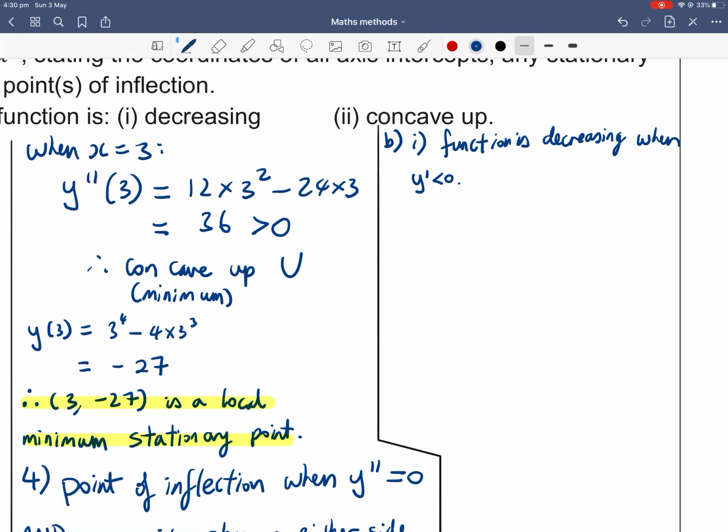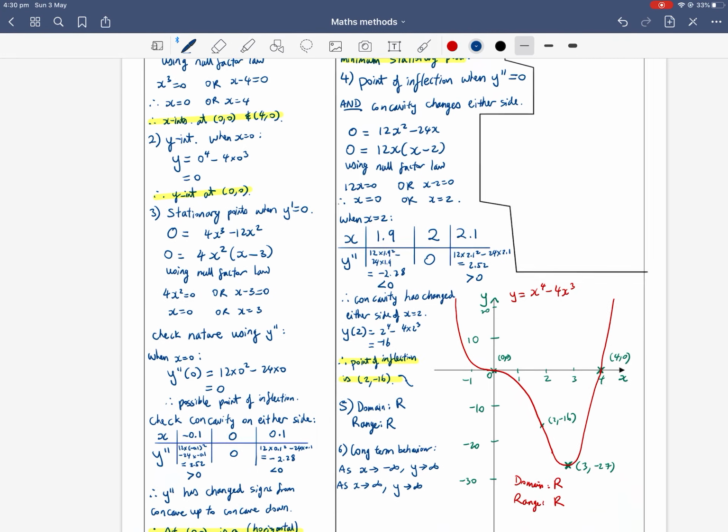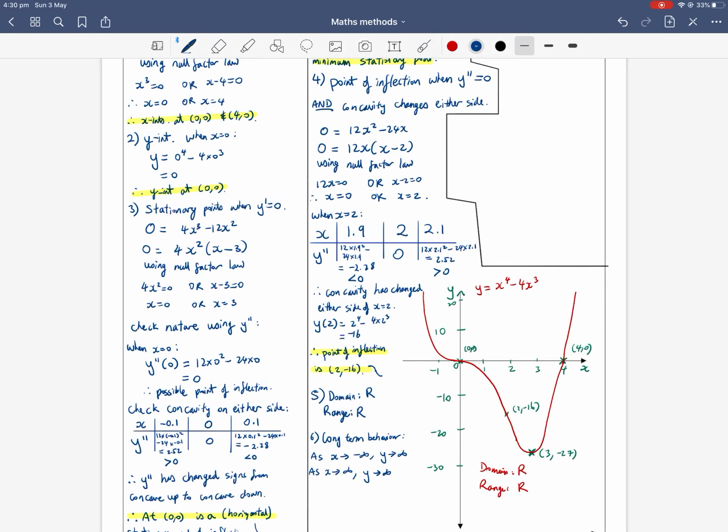So when your gradient is negative, that's when your function is decreasing. Well, look at your graph. From the graph, where are your values for which your gradient is negative? So that happens when x is less than 0 or between 0 and 3.